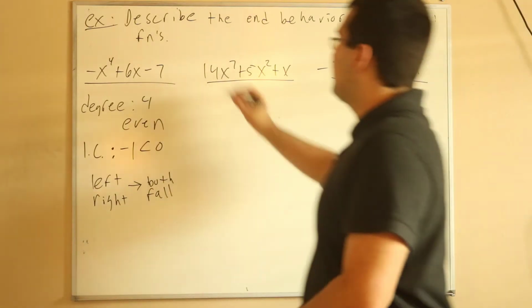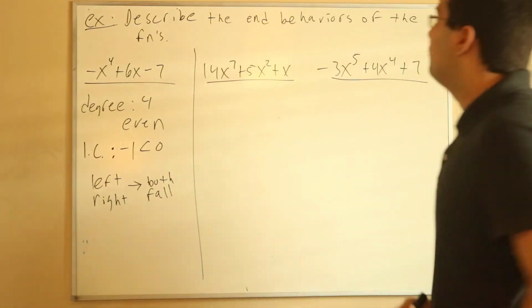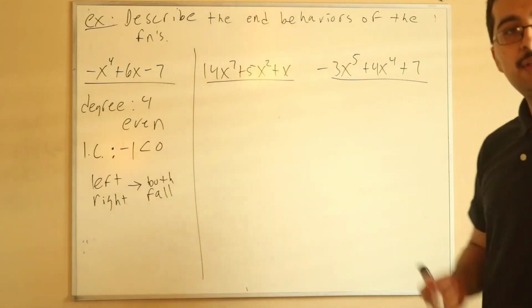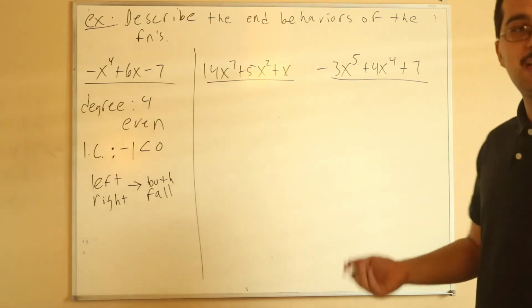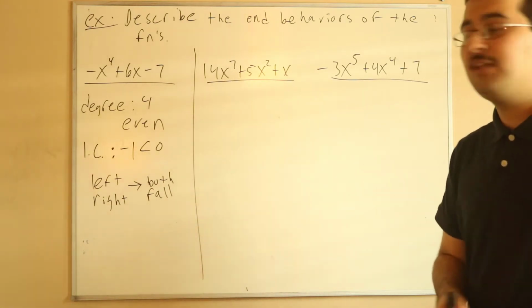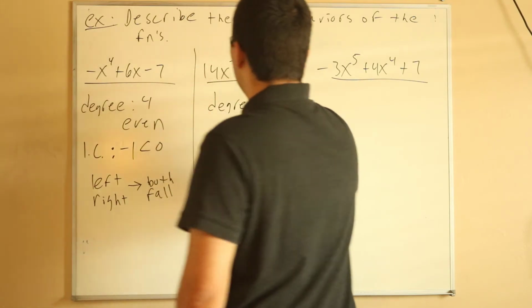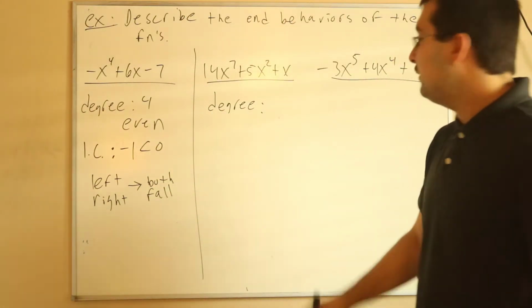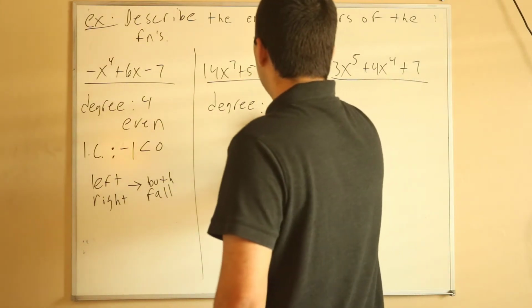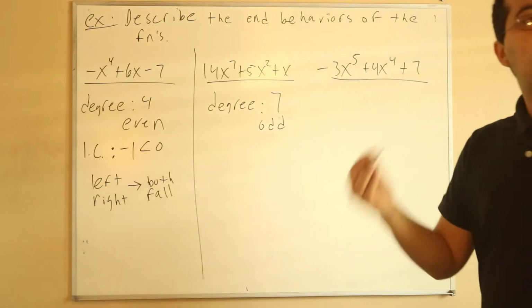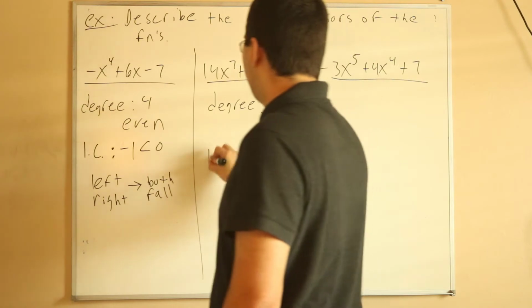Moving on to our next example, we have 14 times x to the 7th plus 5x squared plus x. So again, we identify the degree. The degree is 7. 7 is odd. Our leading coefficient is what we need to identify next.